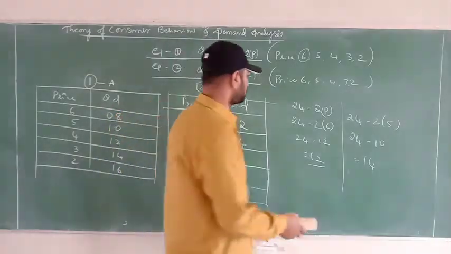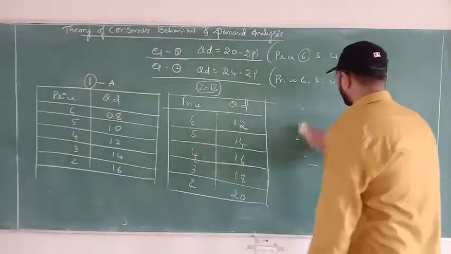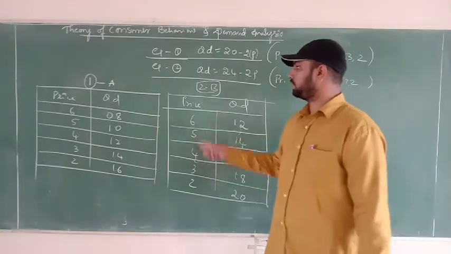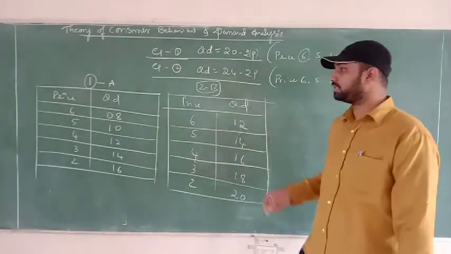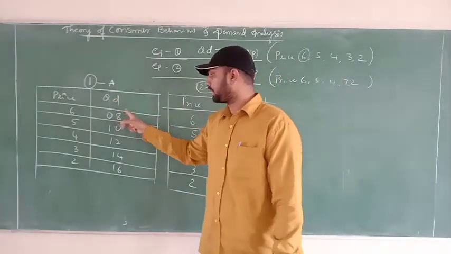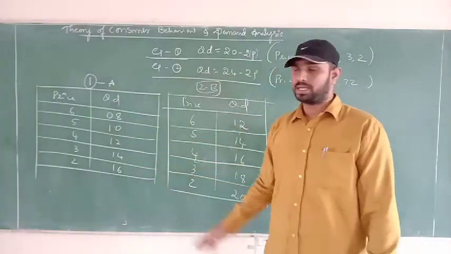Are we clear? So when the price decreases, consumer B will take more of the commodity, and consumer A will also take more of the commodity.